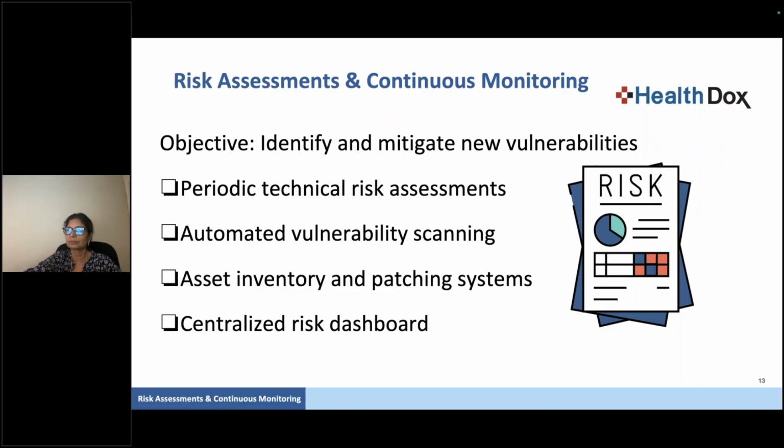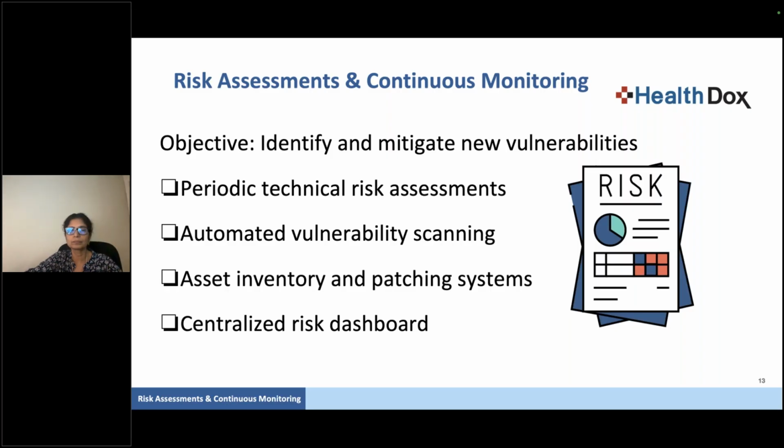Otherwise, if you just wait for an annual review on all the assets to find vulnerabilities, then it is of no use. You are not doing effective risk management. This is one of the key technical safeguards through which we can achieve HIPAA compliance.